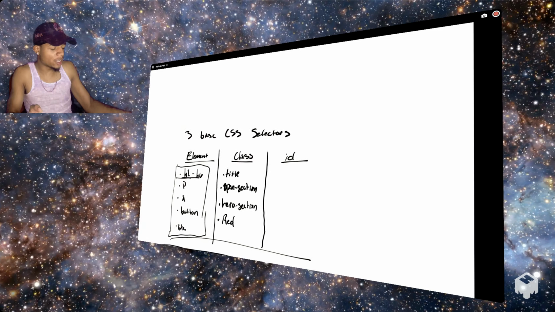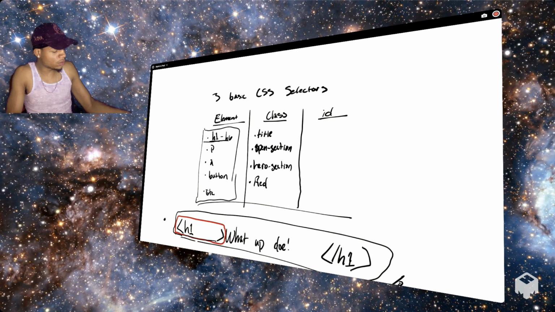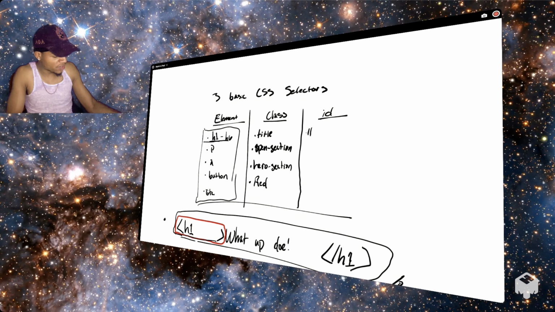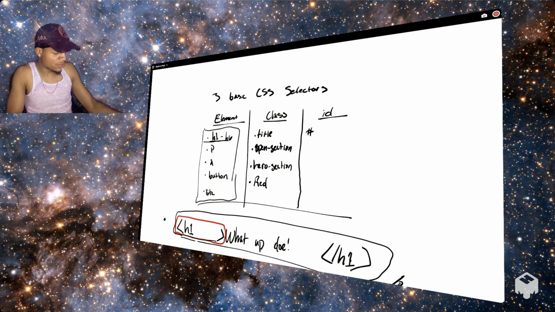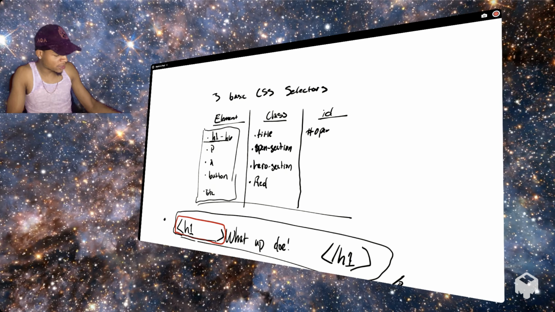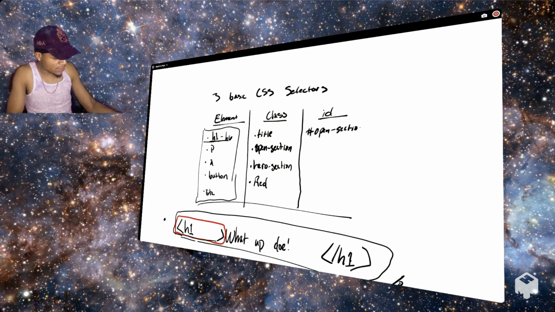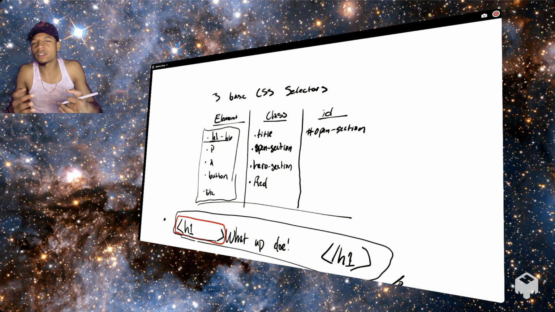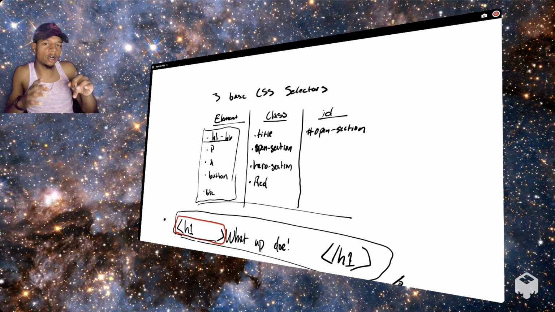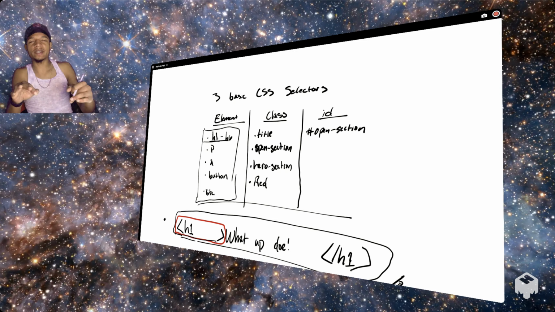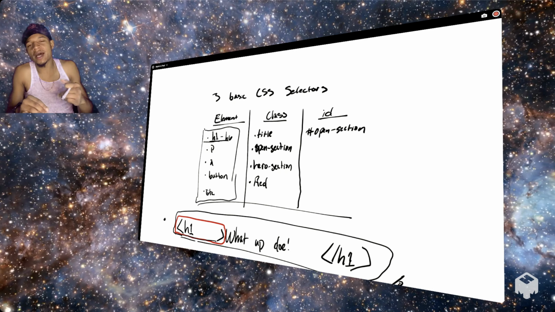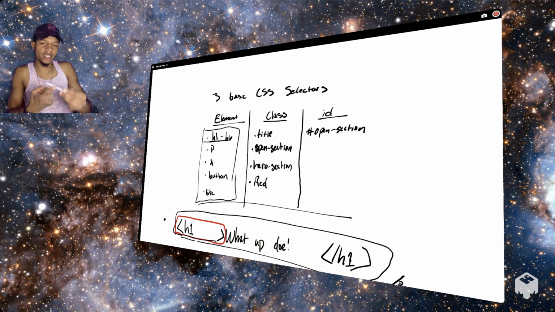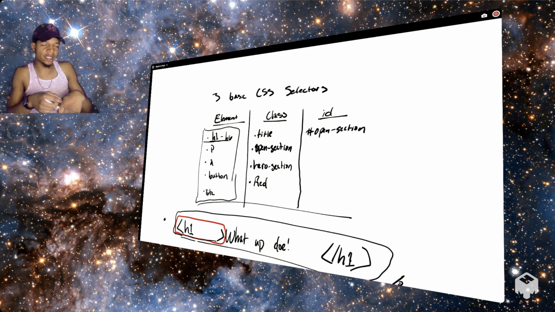And the reason I brought that up is because we can only have one ID per element. And the ID looks like this. So you can call this open section. And so the ID is very, very specific to that element. And I usually don't put IDs on elements. Typically, if I'm gonna put an ID, it's either on a div or a section or something like that.